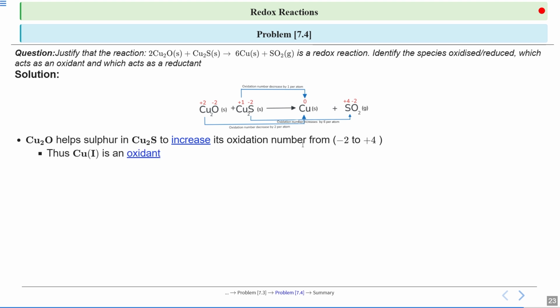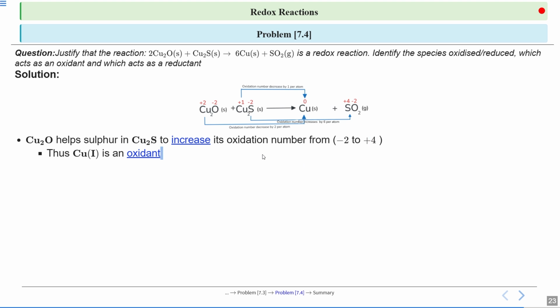Because of this, the copper is existing here as an oxidant. That means the sulfur has got oxidized and the copper has helped the sulfur in increasing its oxidation number from -2 to +4.